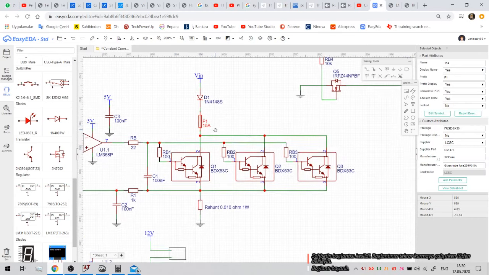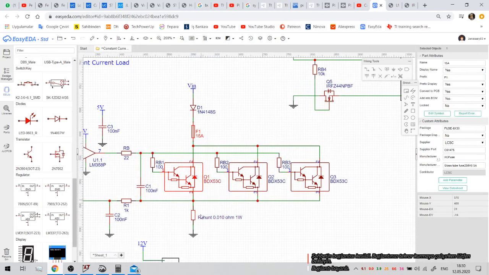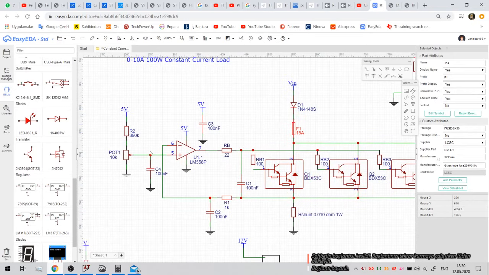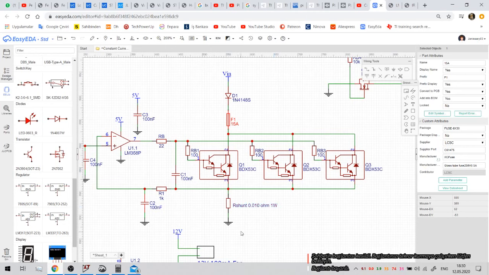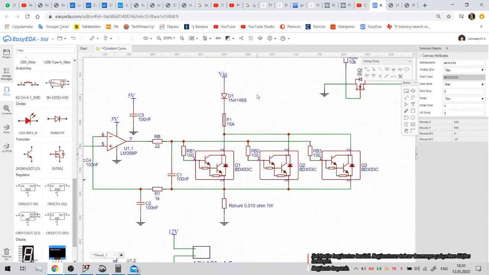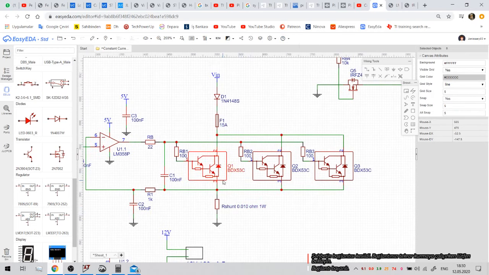It can be, but I don't know. If we don't have a fuse, this diode will conduct. If there's reverse voltage, this diode will conduct, and very high current will go through, like 10 volt, 20 volt. It will give us a lot of current, like 10 amp, 15 amp, and it will destroy our circuits.